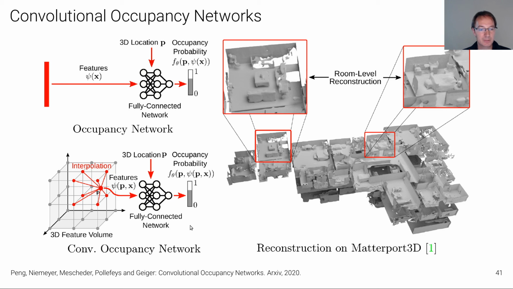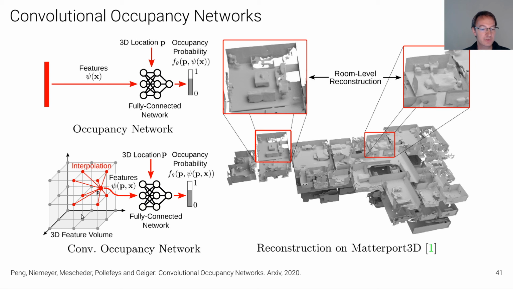What we did therefore is to combine this idea with the idea of a convolutional 3D neural network. Instead of having a deeper fully connected network, we have a more shallow fully connected network, but then have a 3D network that operates on a coarse voxel grid. And this fully connected network then queries features by interpolating the features from this 3D voxel grid.